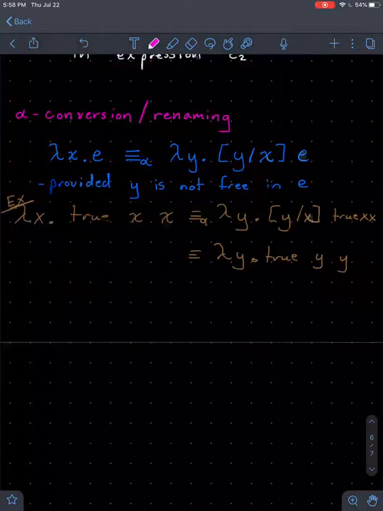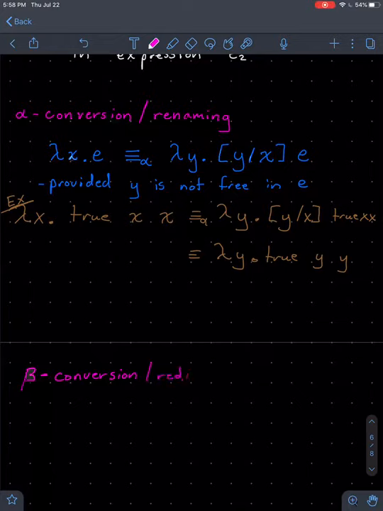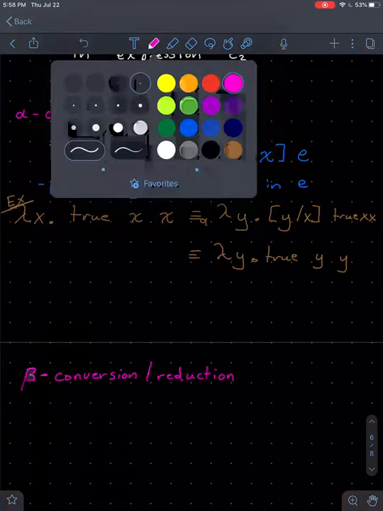Let's get on to the next rule. This is the most important rule by a mile. It's not even close. This is called beta conversion. It's also called beta reduction, sometimes just reduction. This is a really famous rule because it's what gives the lambda calculus all its power.